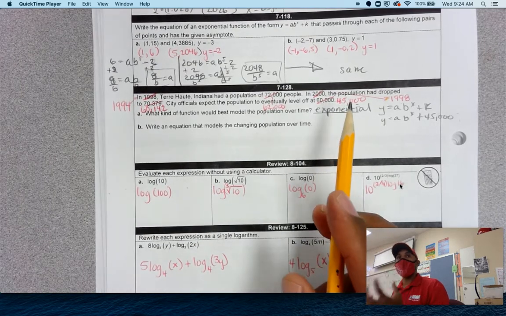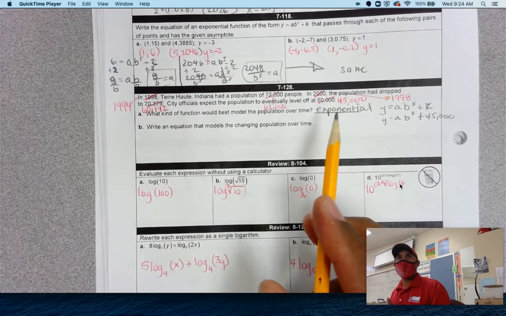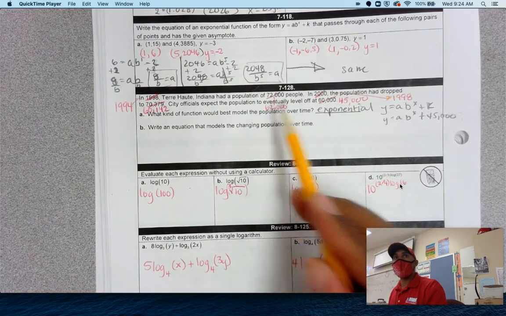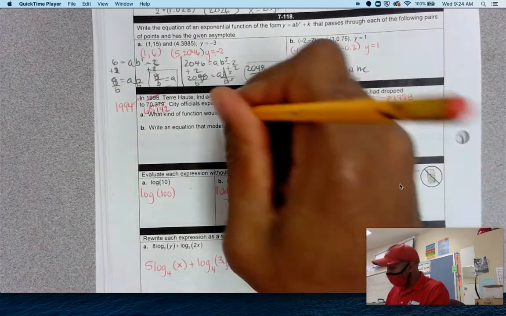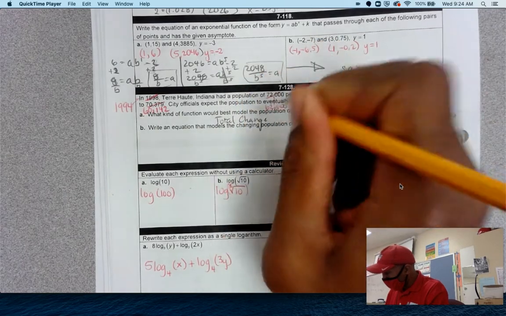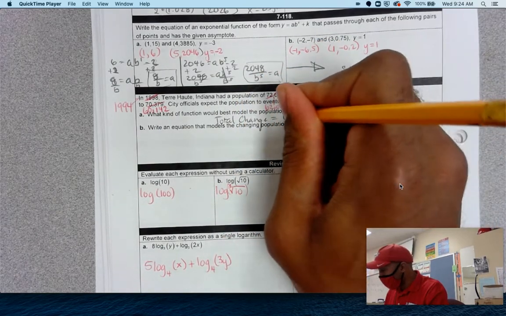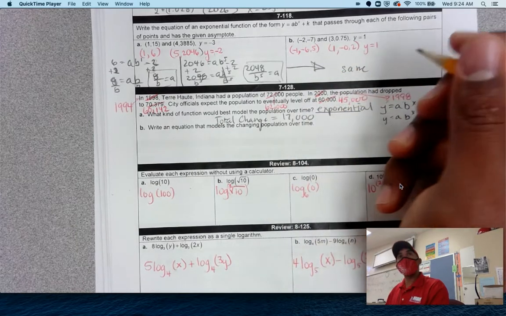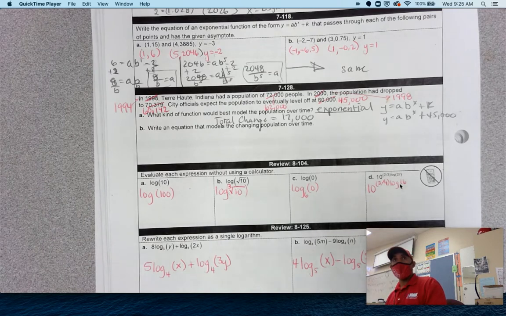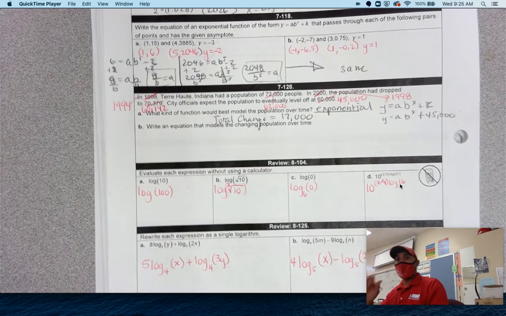So we already know the total change, from 62 to 45, which is 17,000. So there's going to be a reduction of 17,000 people. That's really all we're going to focus on in the equation, because we're not looking at the whole 62,000. Since it's stopping at 45,000, we're only focusing on the part that is changing.